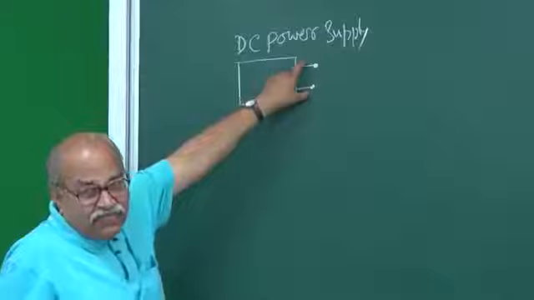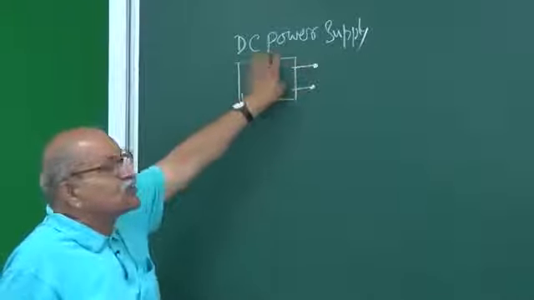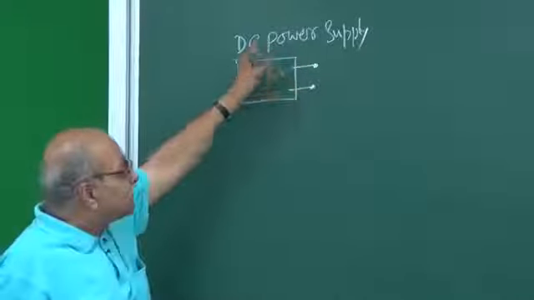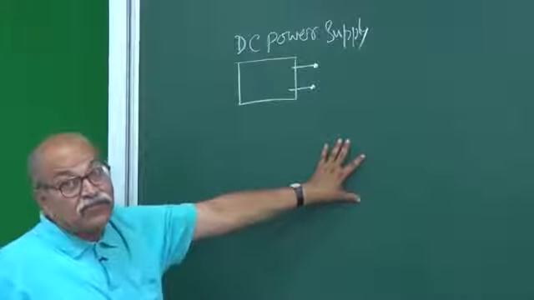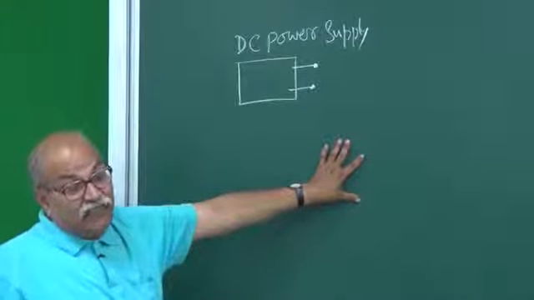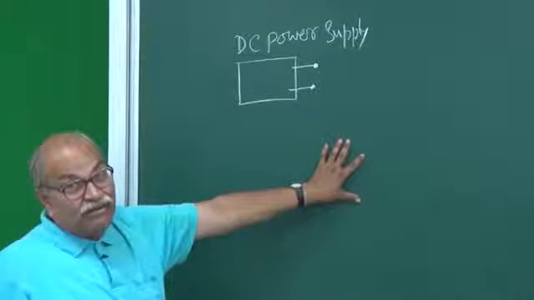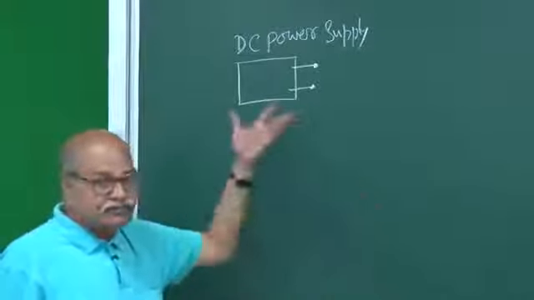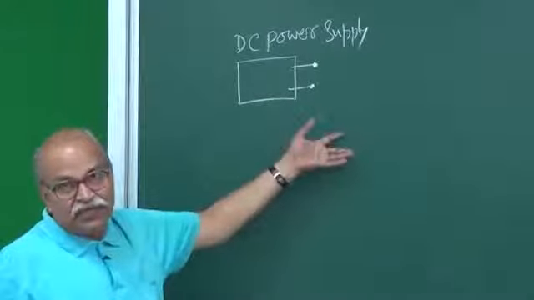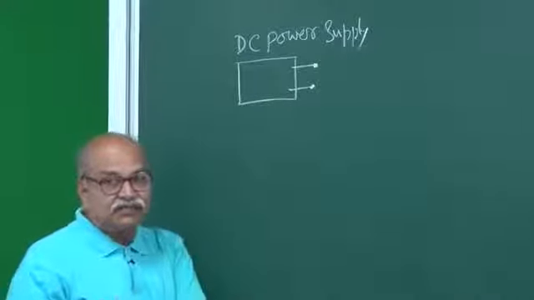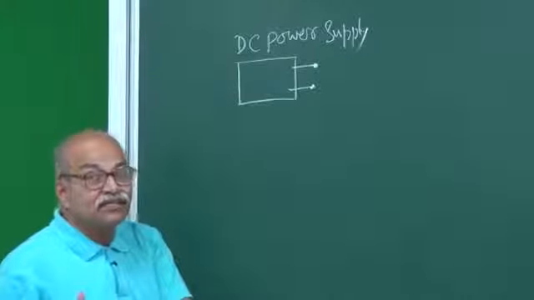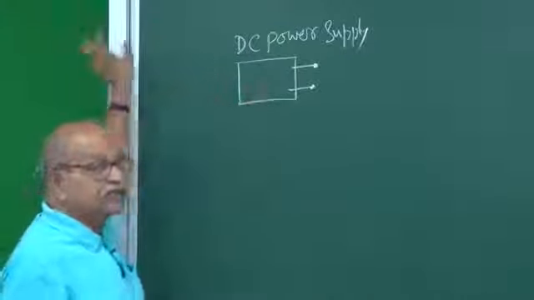But many times it doesn't happen like that. There are some fluctuations, and my appliance may or may not accept that. It may be very sensitive. If it needs 5 volts, it should not be 5.1 or 4.9. So that regulation, that stabilization can be done with Zener.